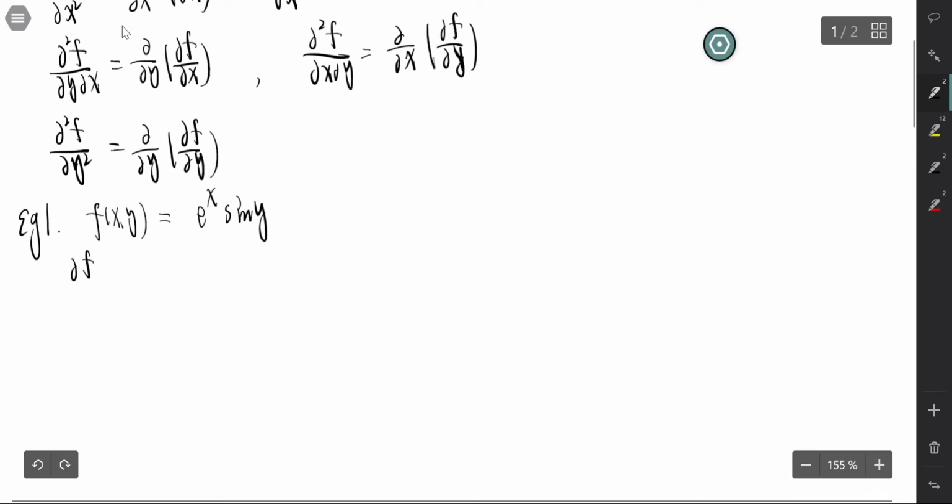Partial f partial x is e^x sin y, and partial f partial y is e^x cos y.